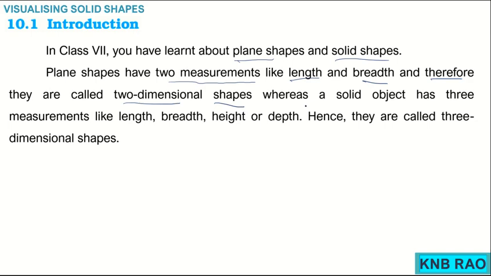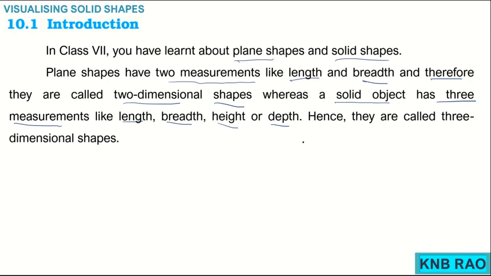For example, whatever sketch you draw on a paper, they are all two-dimensional shapes. Whereas a solid object has three measurements such as length, breadth, height. Sometimes this height is also called depth.